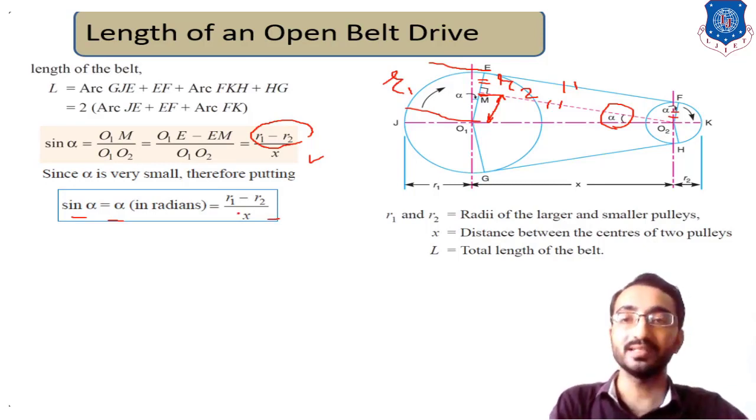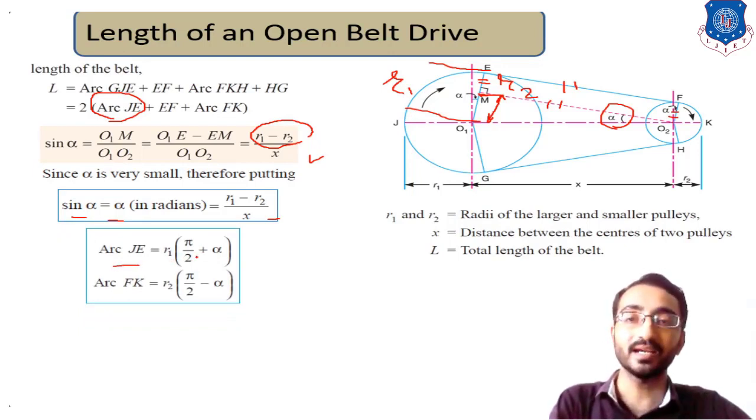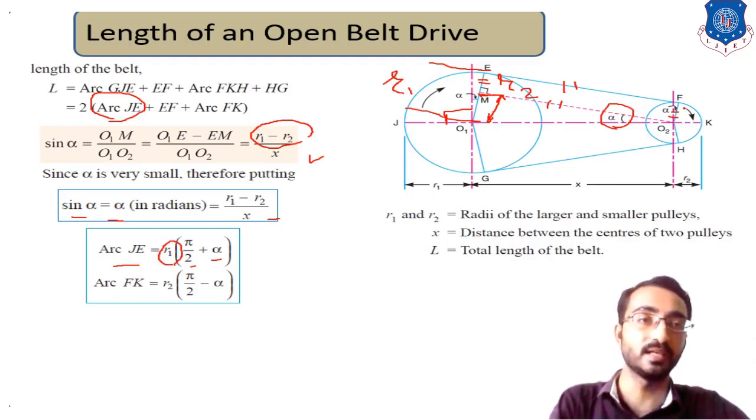Now if you want to calculate arc JE, we have a simple equation: arc is equal to angle into radius. So for arc JE the angle is pi by 2, or 90 degrees, plus alpha, into your radius R1. Similarly for arc FK, on the other side, again the angle will be alpha.